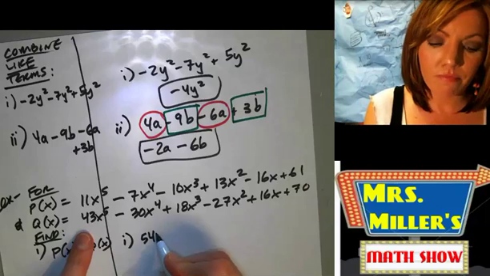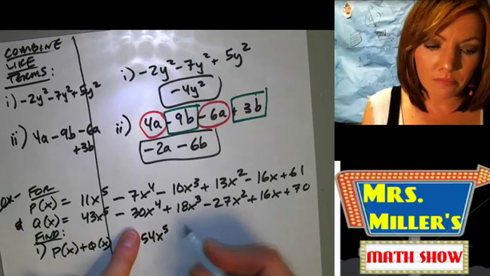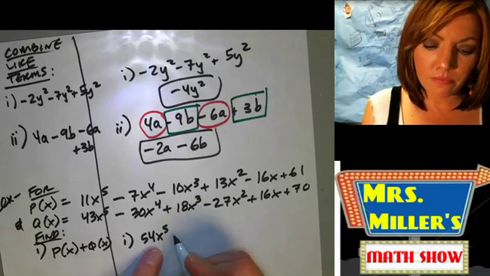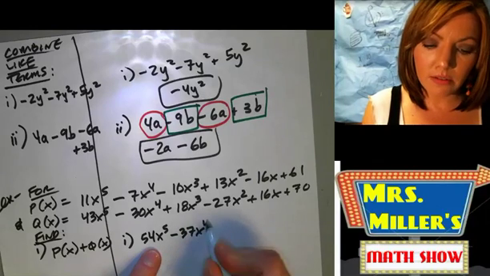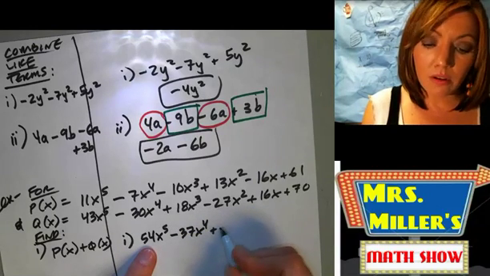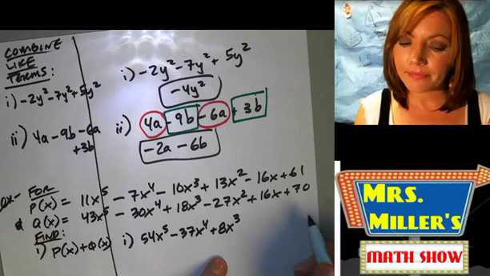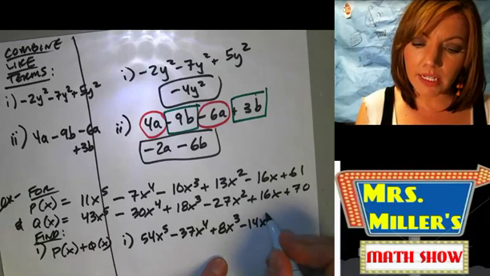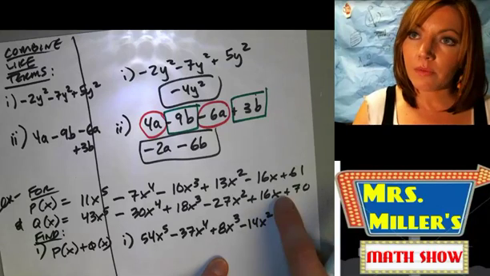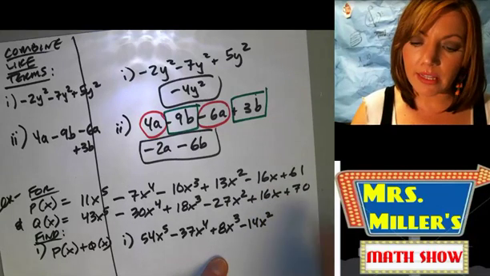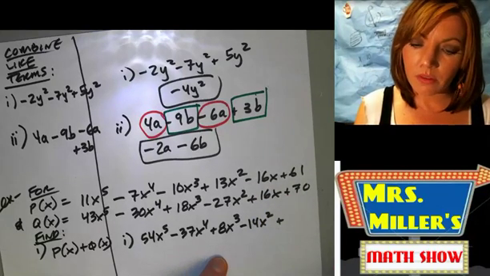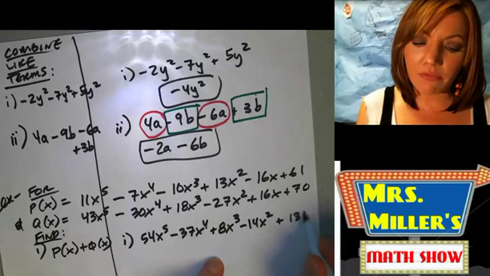Next one: minus 37x to the 4th, plus 8x to the 3rd, minus 13x squared. What happens to these? They cancel out, so we don't even need an x in there. And then plus 131.